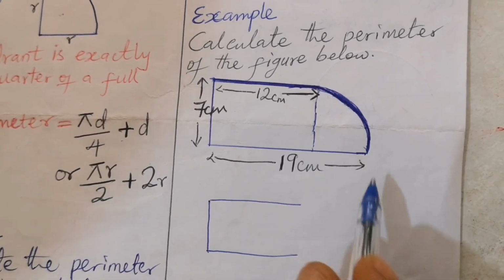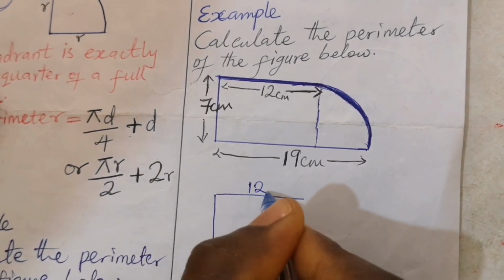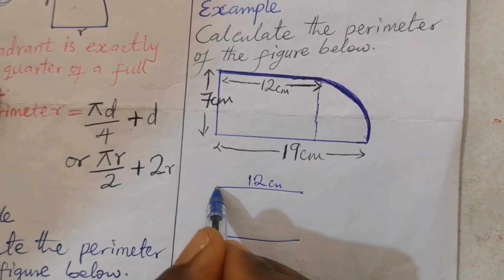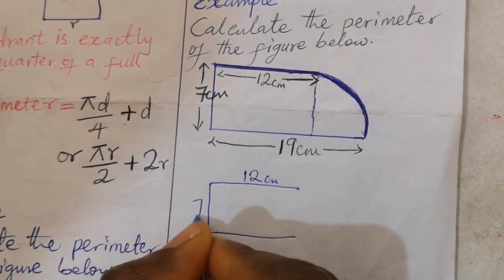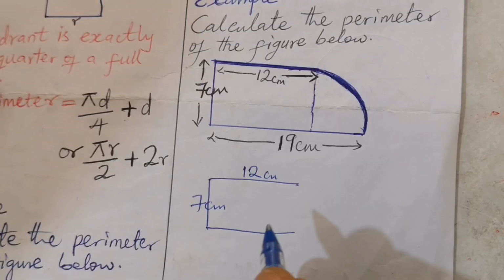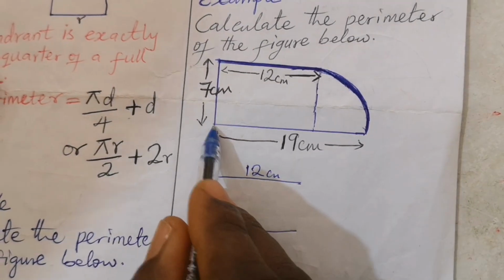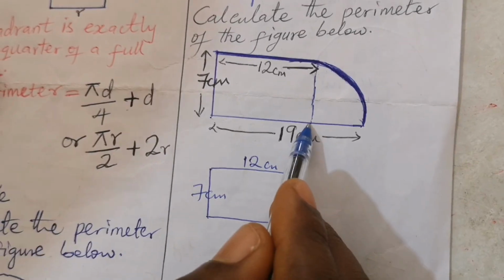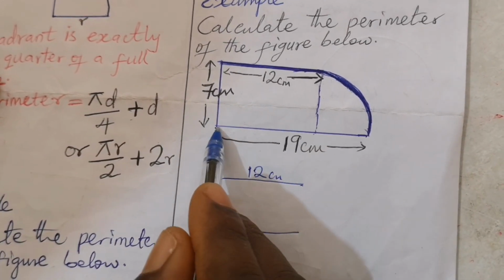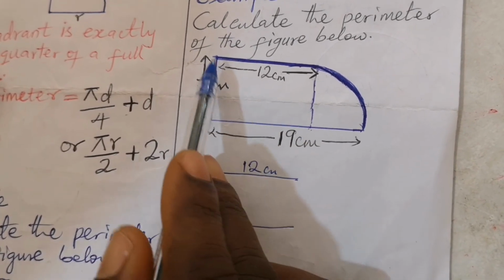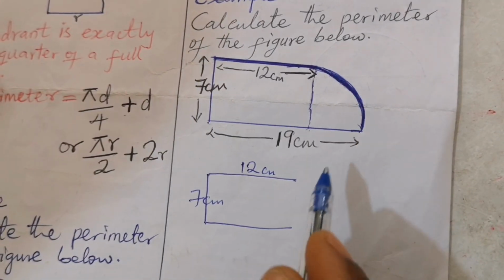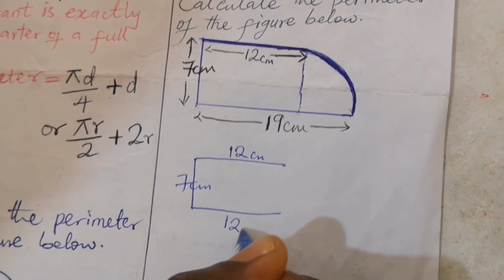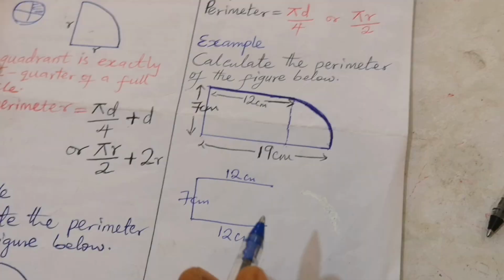So the only thing I need is 12 cm, which is from here to here. So from here to here is 12 cm, and here is 7 cm. Now from here to this place is 19 cm, but since we stop at this point when we were cutting, from here to here is the same as from here to here, which is also 12 cm.